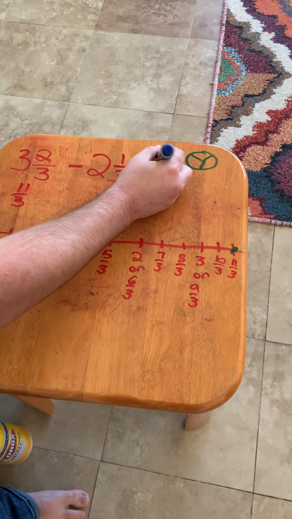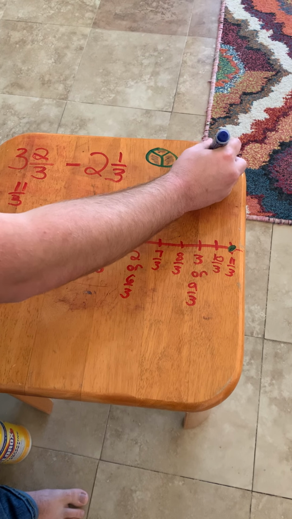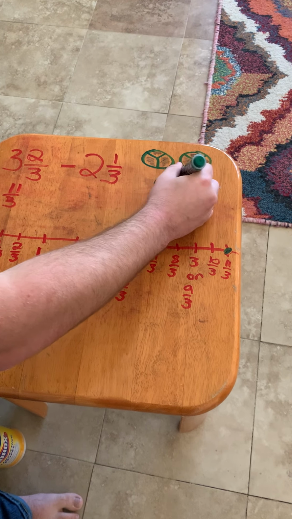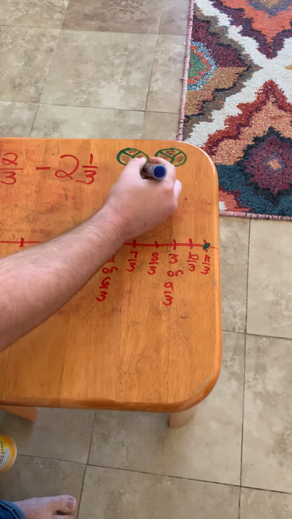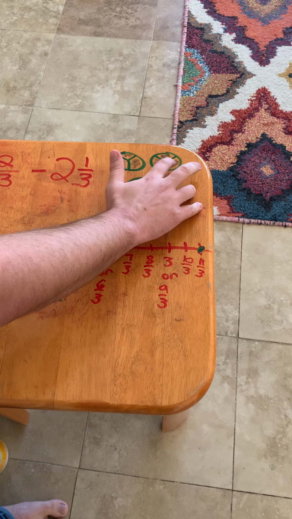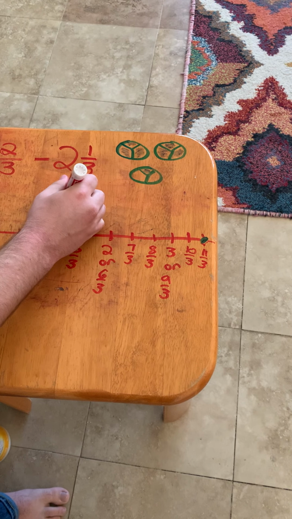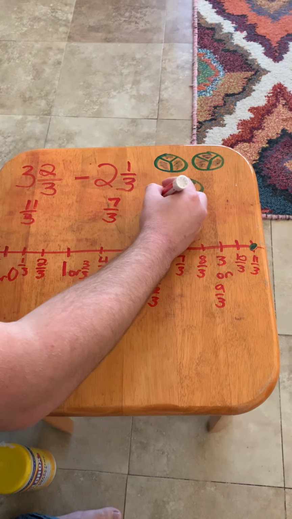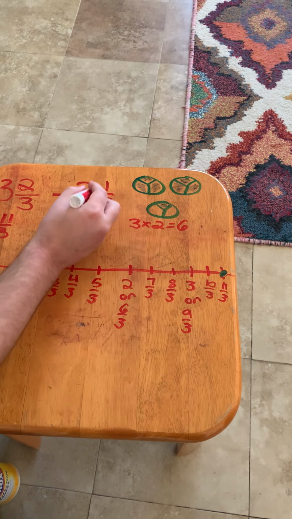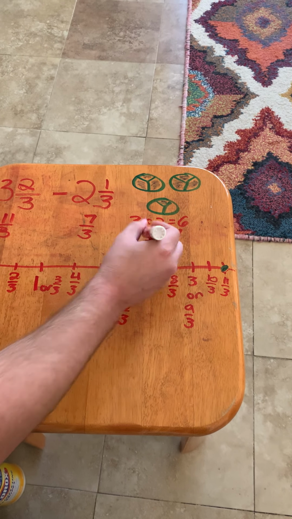So I would need to fill all of these in. And I need one with just 1/3 filled in. If I added all of this up, 1, 2, 3, 4, 5, 6, 7, you can see that this is equivalent to 7 thirds. Again, I could use the same method as before. I could do 3 times 2 equals 6. I could add the 1 right here, so 6 plus 1 equals 7. I could also get 7 thirds that way.